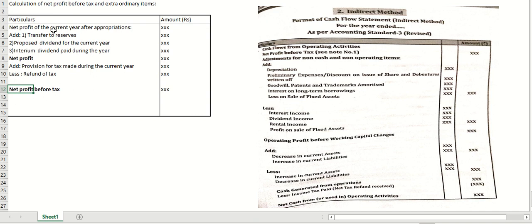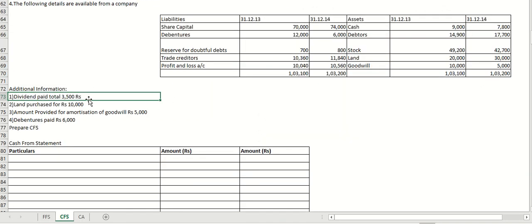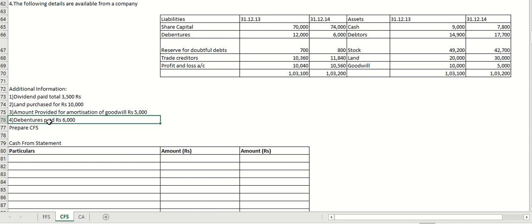Here in this question they have given net profit, so you add your dividend and then you get your net profit before tax. Then land purchase, as I told you earlier, will be minused in your investing activity. Amount paid for amortization of goodwill, rupees 5,000, is nothing but goodwill written off. Debentures paid, 6,000, is nothing but the redemption of debentures, so it will be minus.